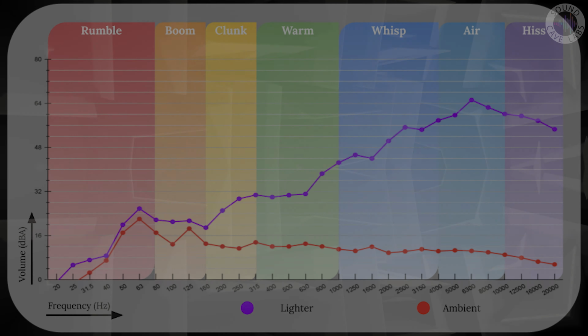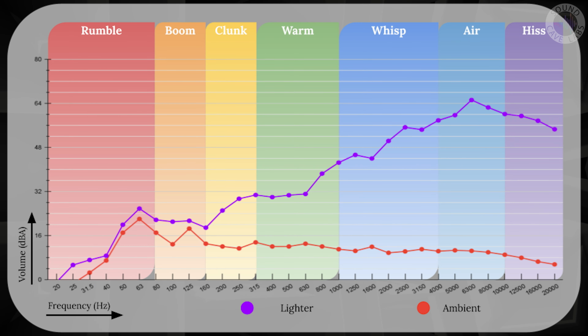Instead, let's take a look at the graph. Notice the lack of lower and mid-range frequencies. The flint against steel of this mechanism creating the spark mostly generates higher frequencies.